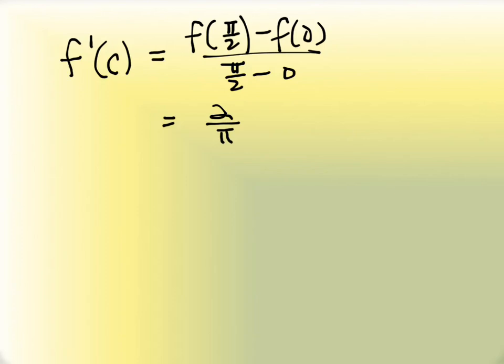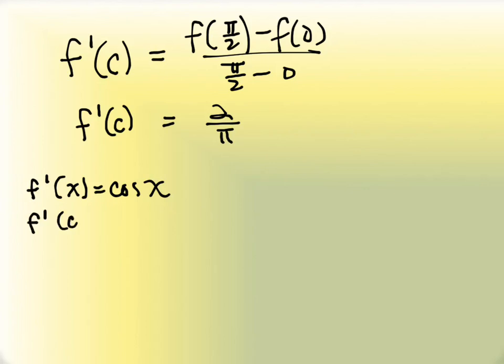Now, on the left-hand side, I need to find a derivative. Agreed? So what is f prime of x for my function sine x? It's the cosine of x. So what would f prime of c be?